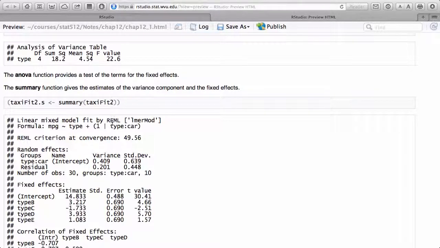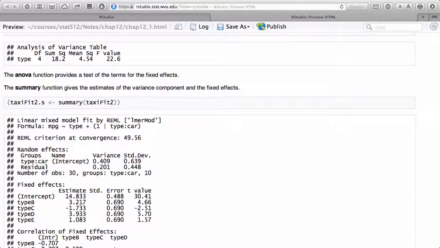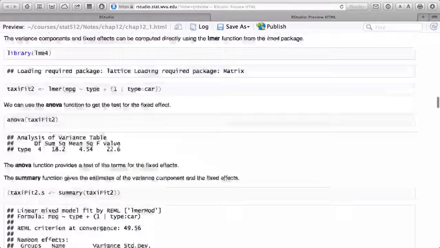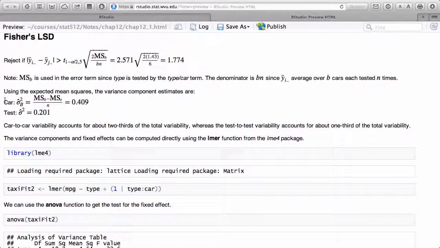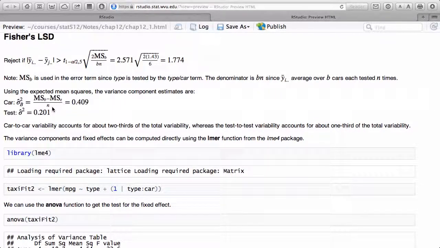Now, it is using REML, which is a restricted maximum likelihood estimate. Remember I said that if I use these naive estimators we did above, the naive estimators were given right here, where I simply took the difference and divided by n in this case.